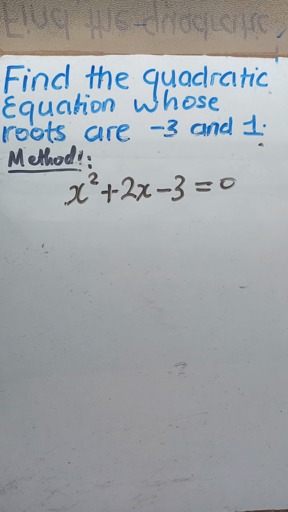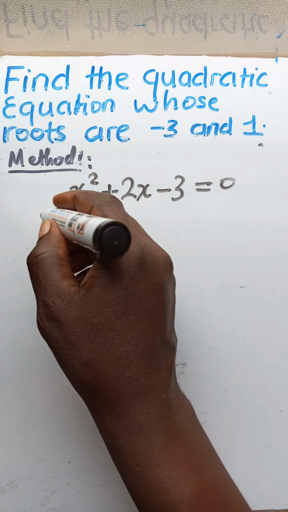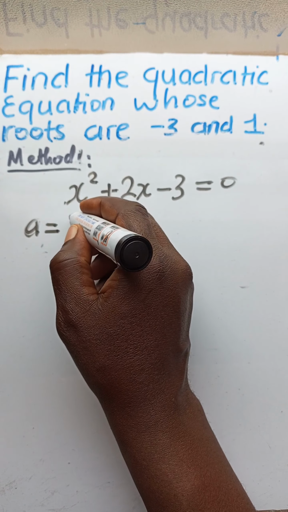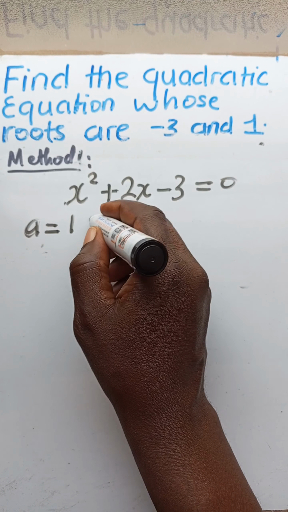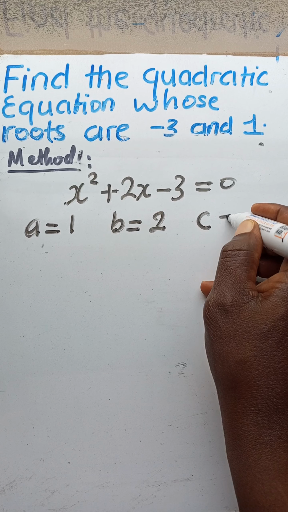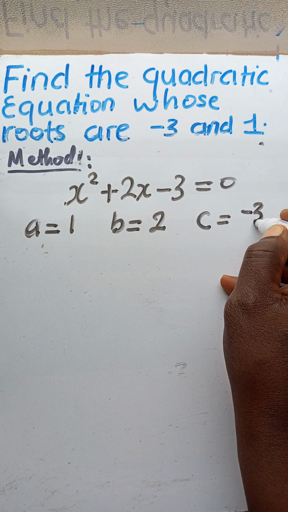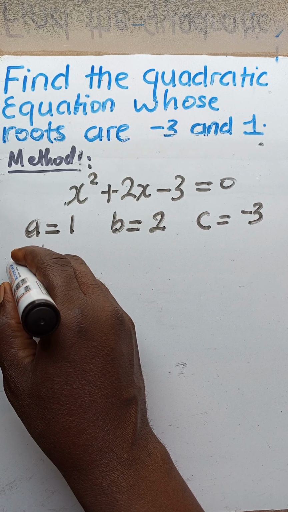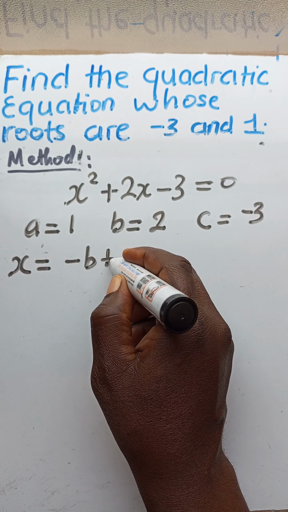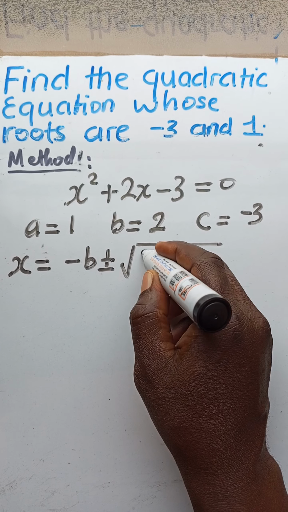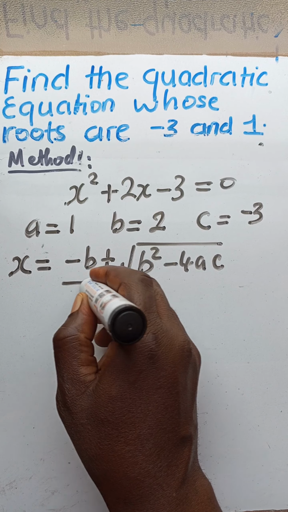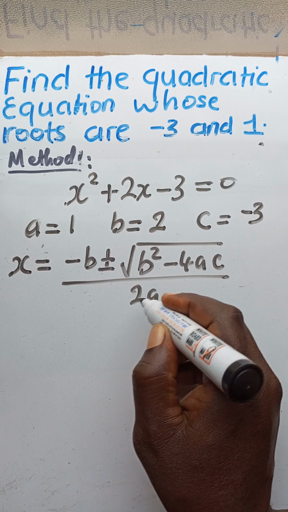The quadratic formula, this is our equation to solve. We collect our coefficients. A is the coefficient of x squared term. B is the coefficient of the x term. And C is the constant. Collect them carefully. By the quadratic formula, x equals negative b plus minus root of b squared minus 4ac, all of that divided by 2a.